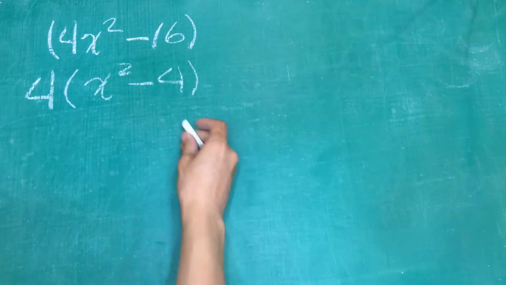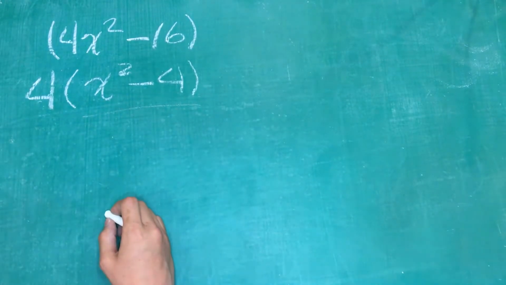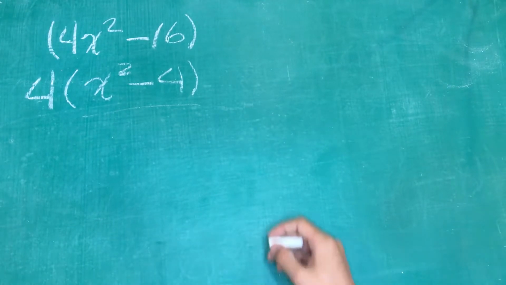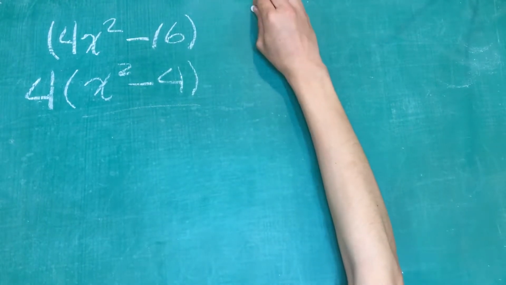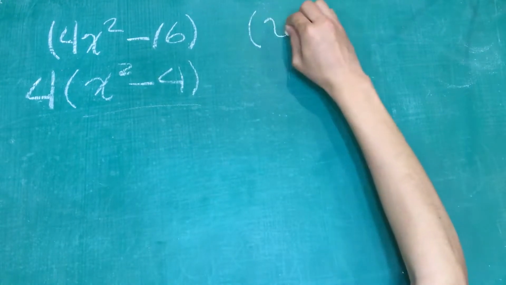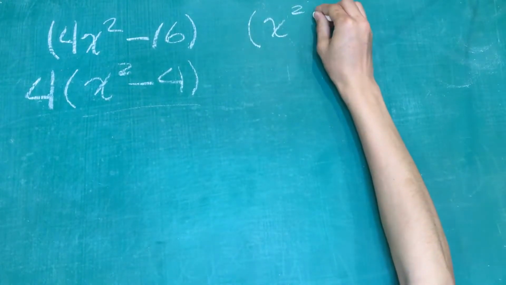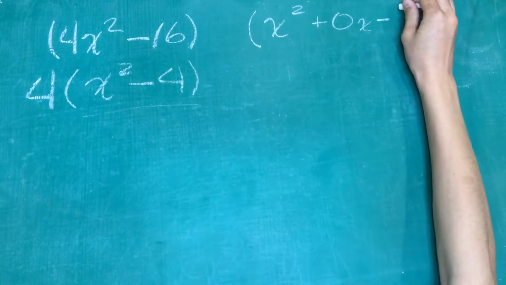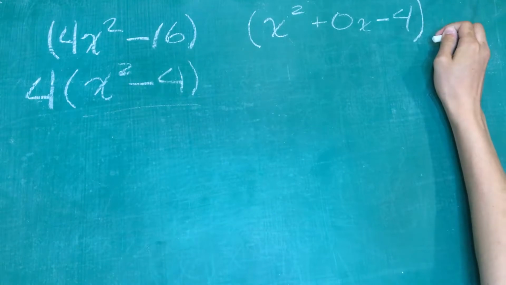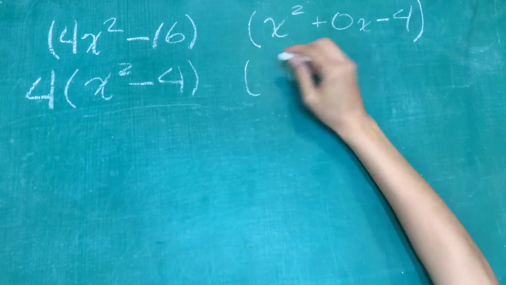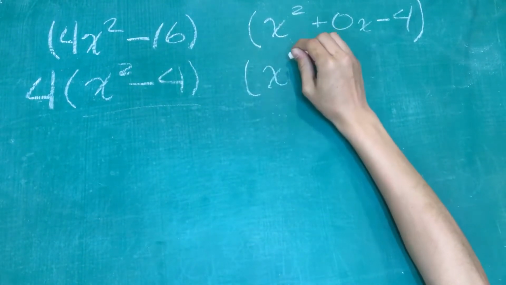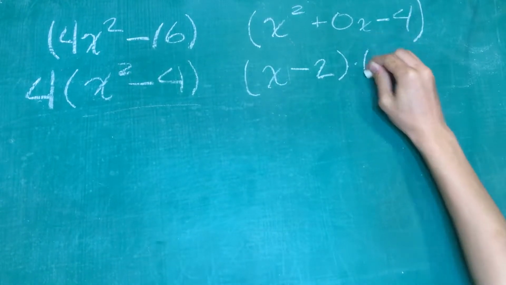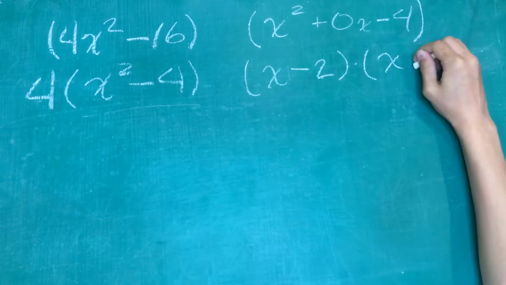So as you can see, this expression right here looks pretty much like the expressions we've done before. So let's factor. We insert a 0 in our expression. x squared plus 0x minus 4. Our result: x minus 2 times x plus 2.